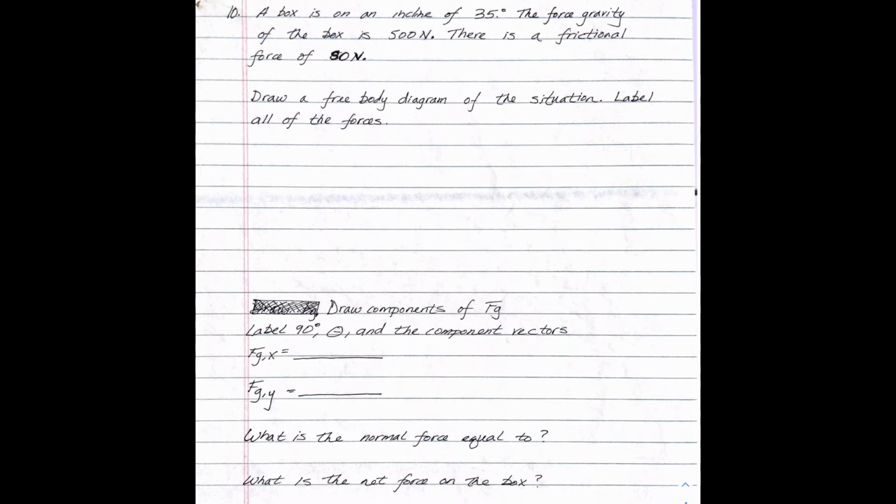It says a box is on an incline of 35 degrees. And so let's go ahead and draw that. So we'll draw an incline here, kind of like we have in the lab in class. An angle of 35 degrees. I think maybe I should have made this a little larger, but that's all right. And I'm going to give that angle some color.